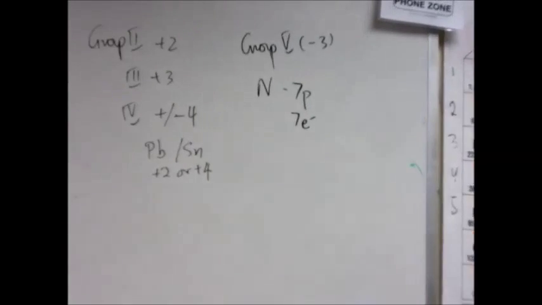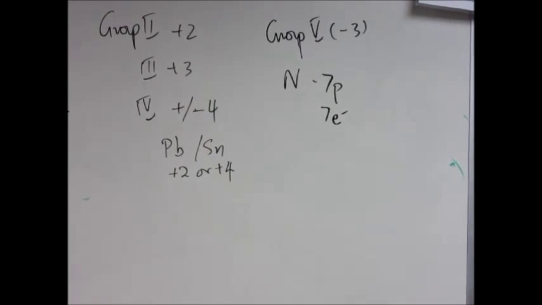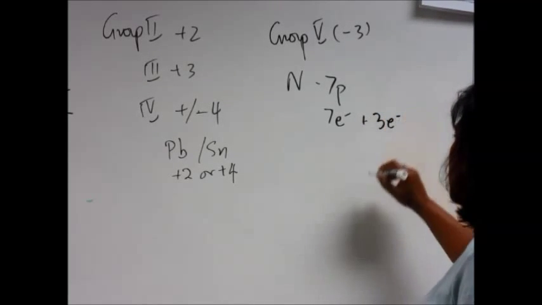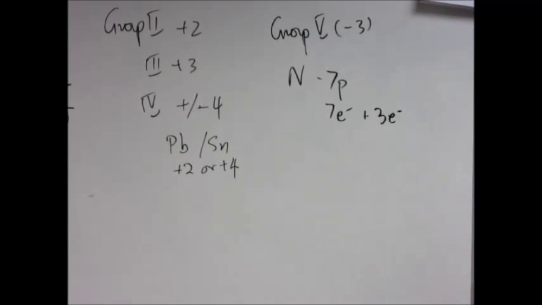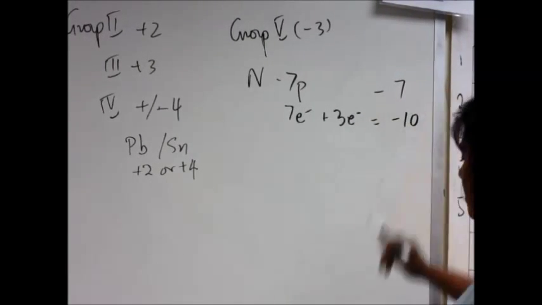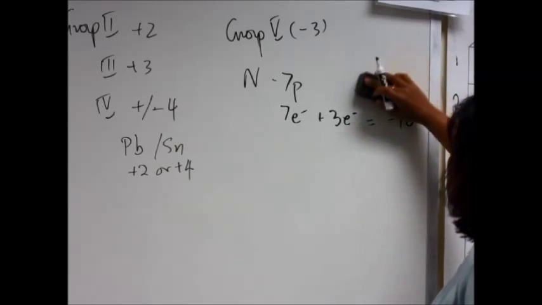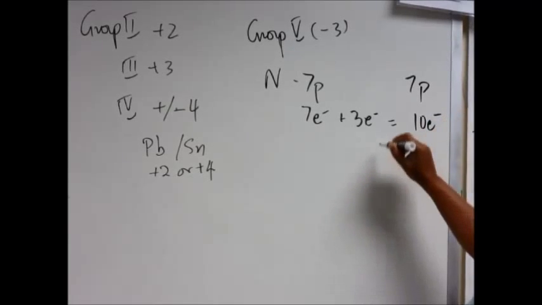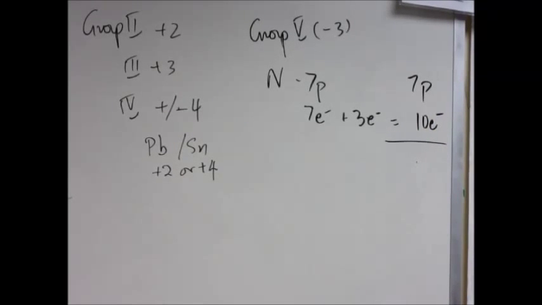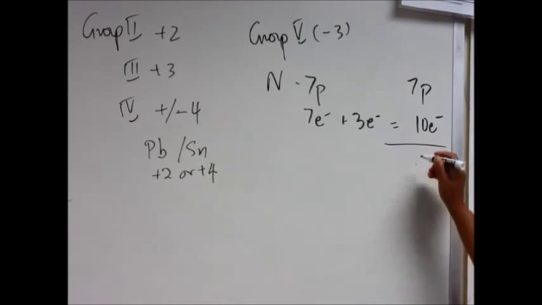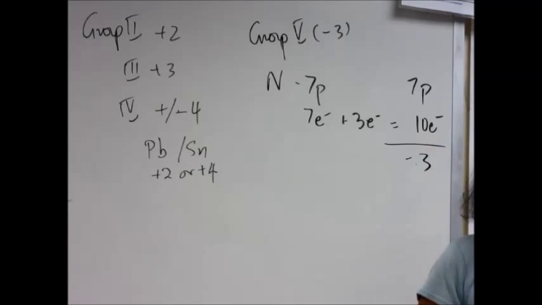What we are trying to say is that it gains 3 electrons. It likes to have 3 more electrons, so you're adding 3 electrons, which means it has become a total of 10. So 7 protons and then 10 electrons. When you do the addition of that, you still end up with -3 of a total charge. Good?